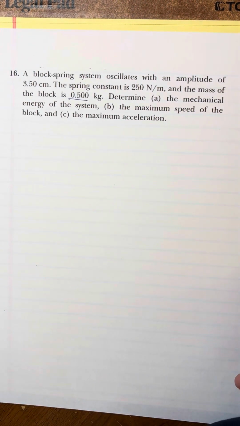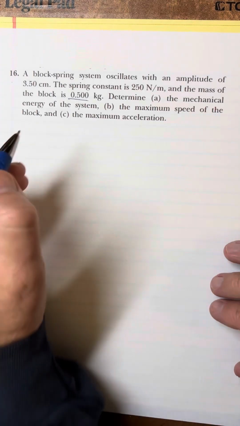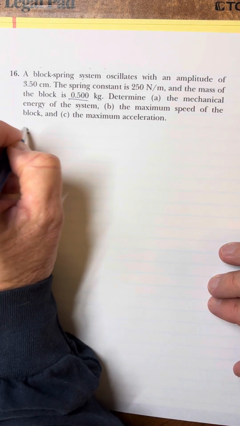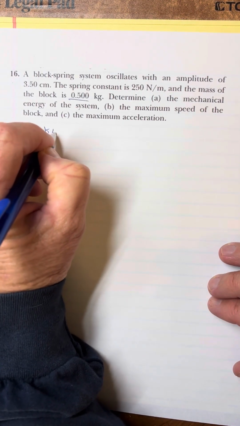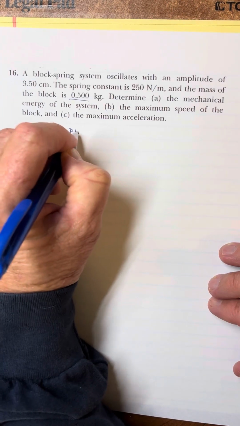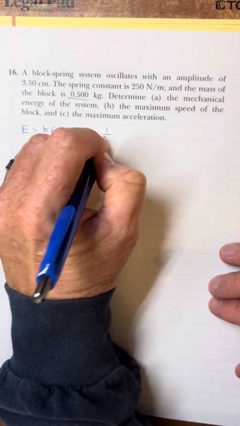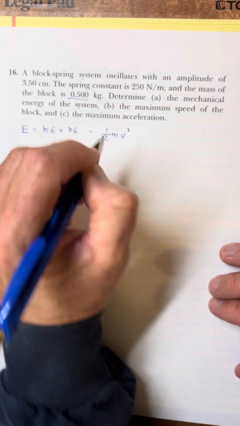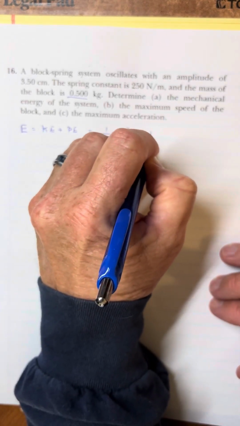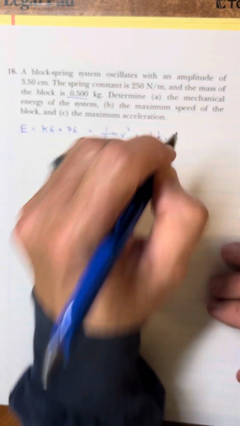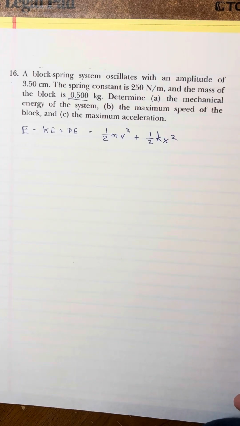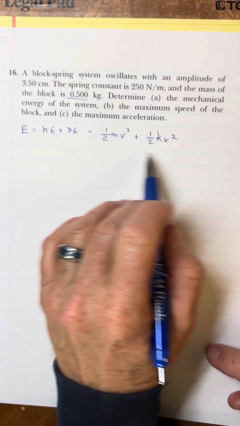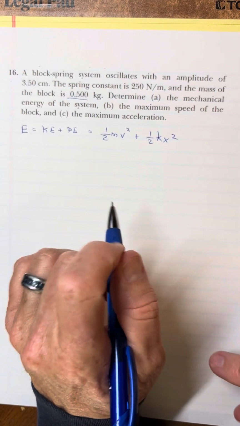Okay, here's some fun things we haven't done for a while. The mechanical energy is made up of kinetic energy and potential energy, and in this case would be 1/2 mv squared plus 1/2 kx squared. Since it's a constant, you could apply this anywhere you want.